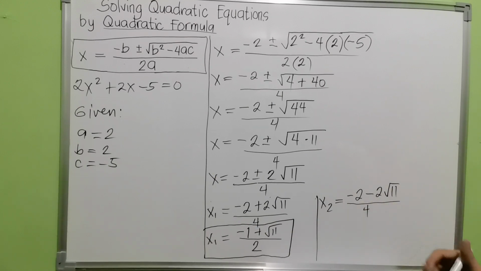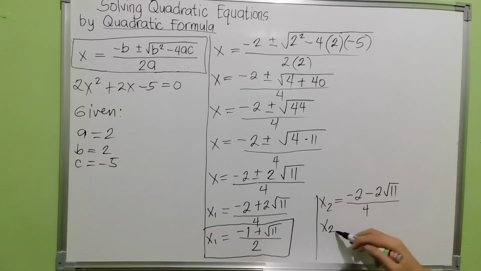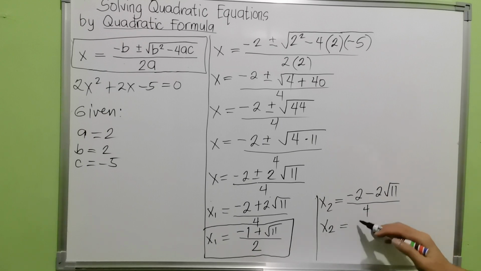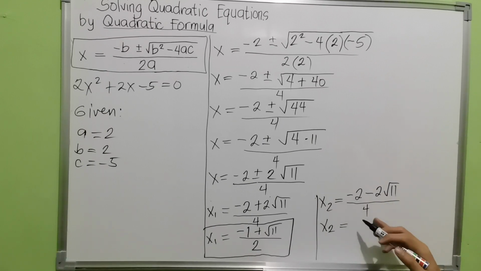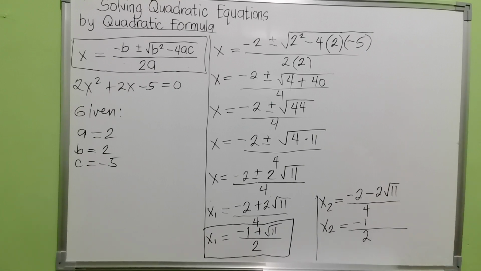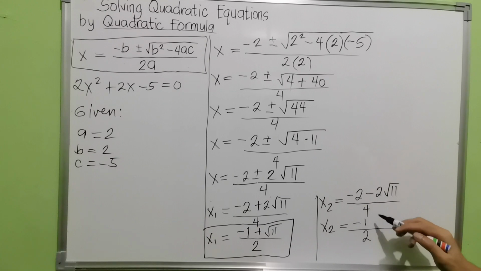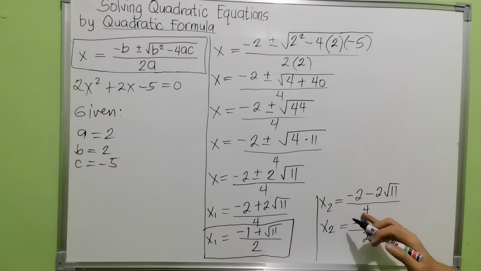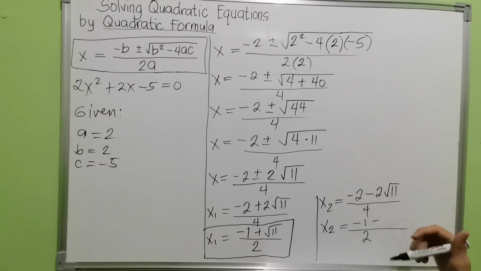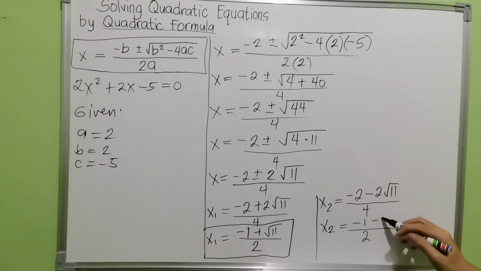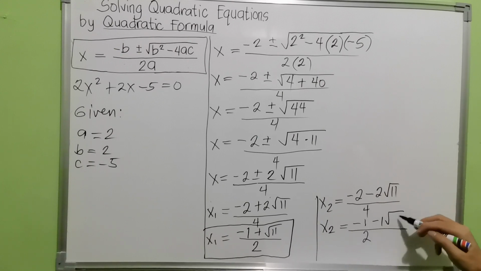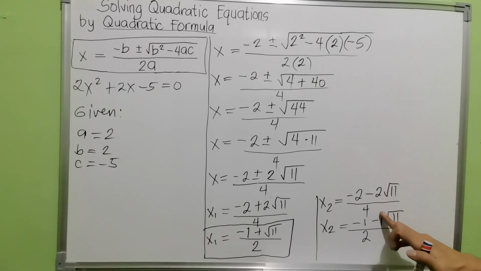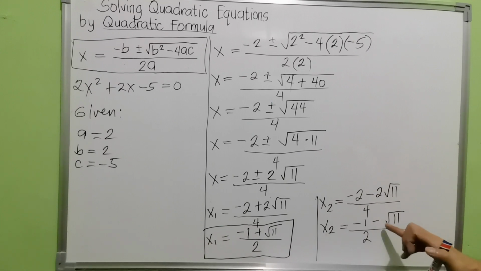Here in x sub 2, we simplify negative 2 divided by 4, which becomes negative 1 over 2. Minus, negative 2 divided by 4 simplifies to negative 1 times square root of 11, understood that square root of 11 has a coefficient of 1, so we don't need to write 1.